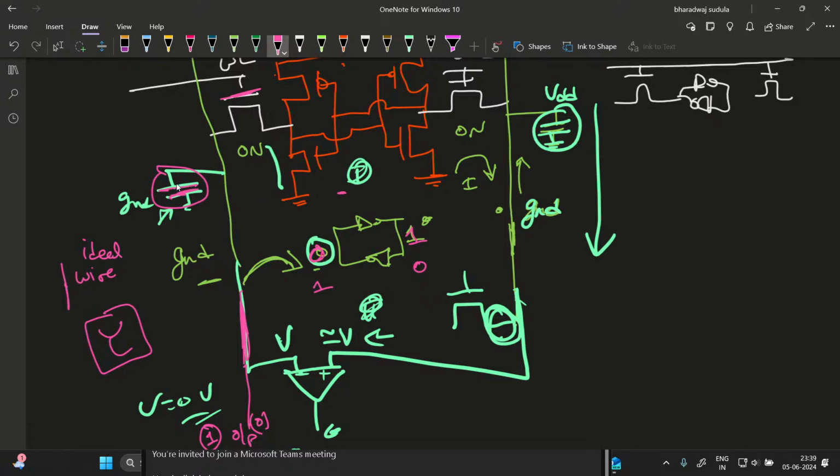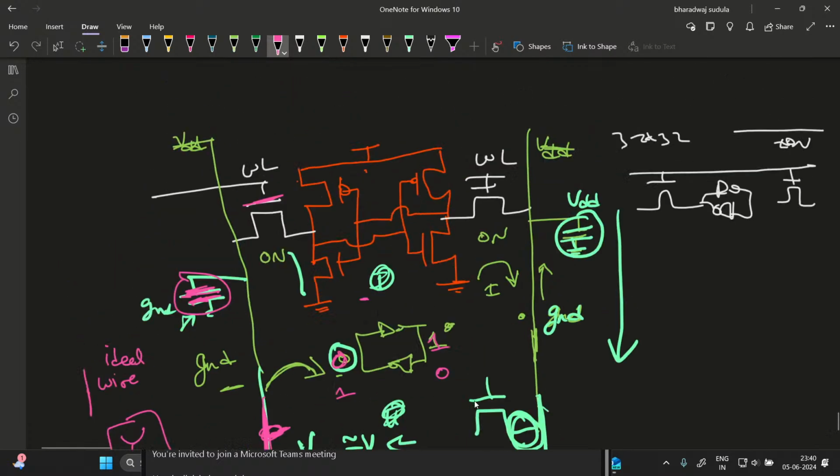In those nanoseconds, it's really difficult to charge this up. That's why we use a sense amplifier to detect the small voltage drop on this bit line compared to this line. And this is the read operation.